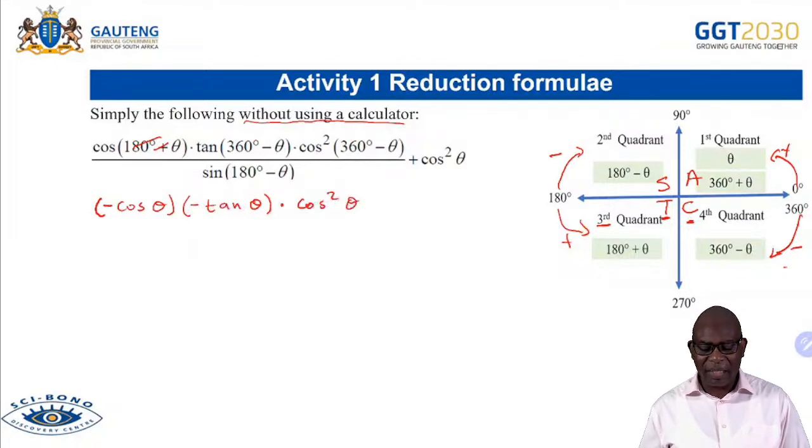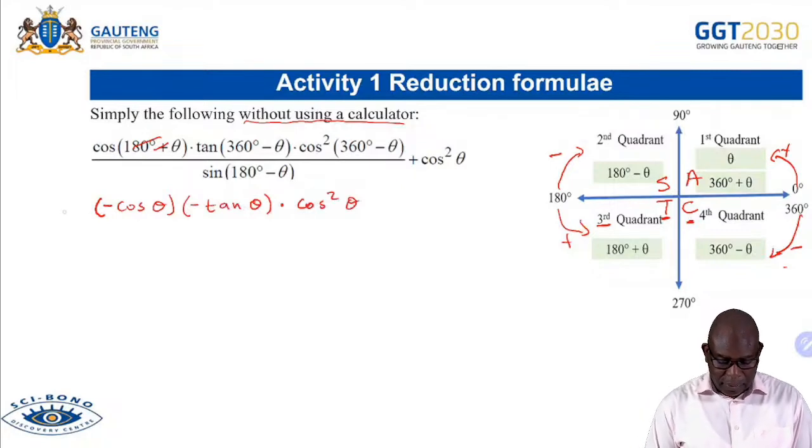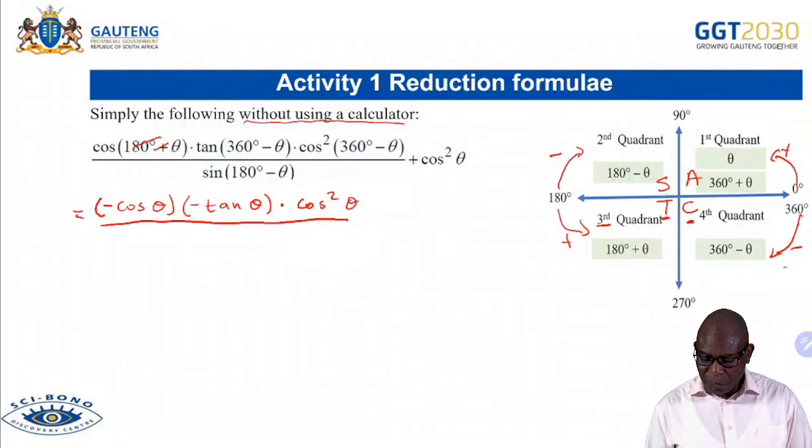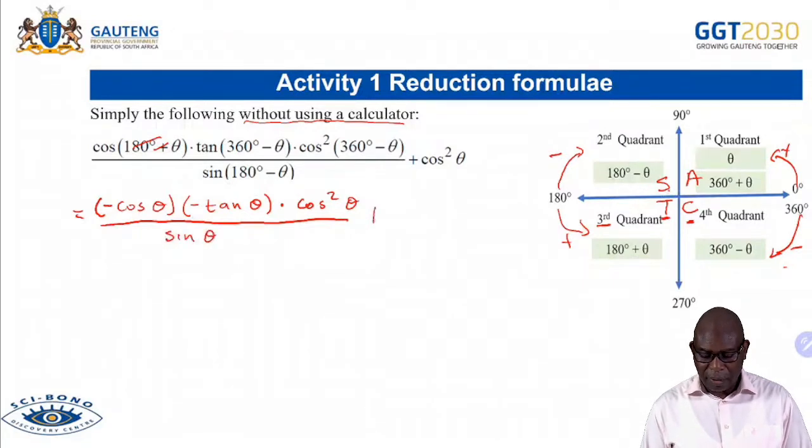Even if it's a negative, the sign will not change. It is always going to be a positive. This is equals to all over sine of 180 degrees minus, it's in the second quadrant, sine is positive, no stress with this one, sine of theta, plus cos squared of theta.